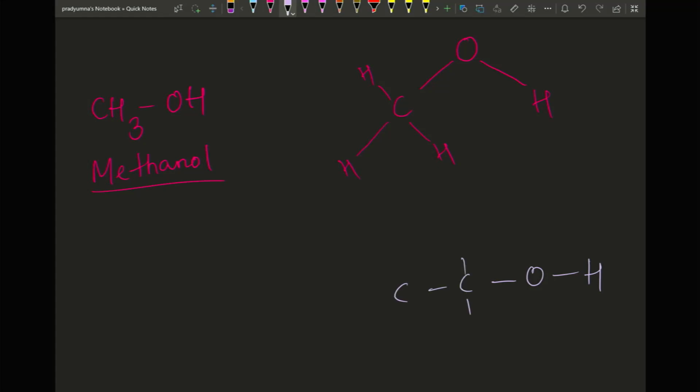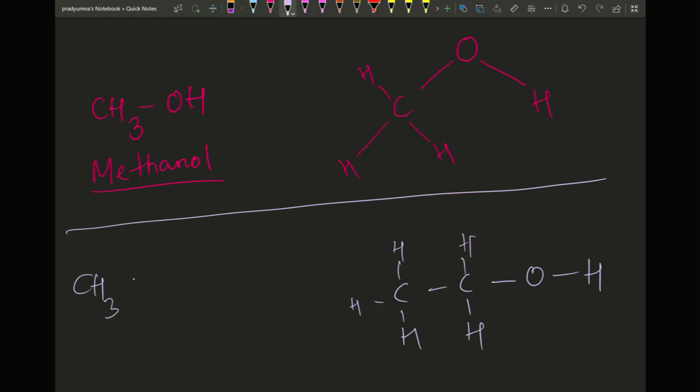Let's add another carbon on the left, and add hydrogens. The condensed structure is CH3CH2OH. This molecule is called ethanol.